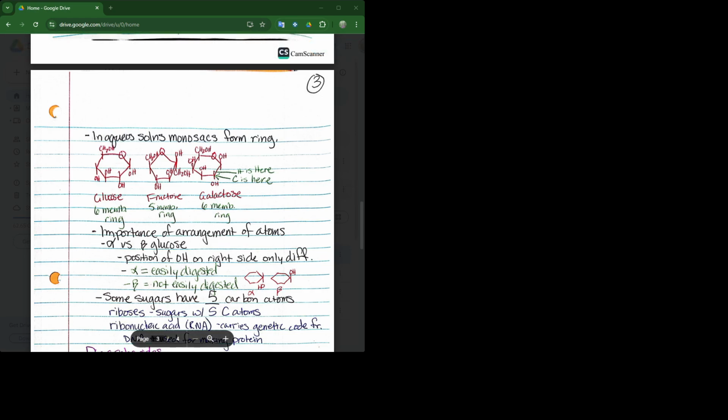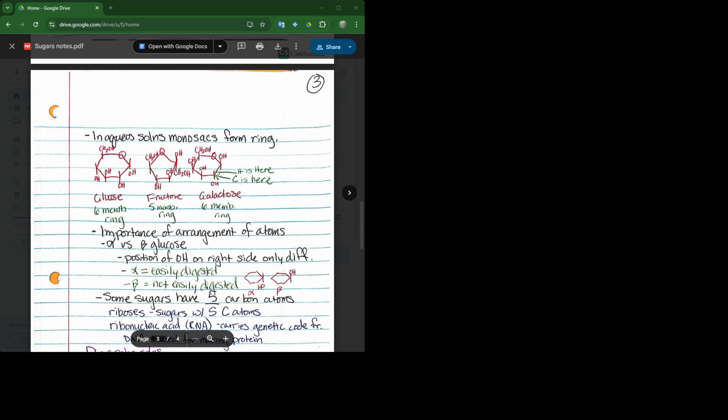All I'm focused on is this right side, and the OH, the hydroxyl group, is on the bottom on the alpha and on the top with the beta, okay? This is a simple drawing showing just how very slightly they're different, to get that point across: a very small difference can totally change the attributes of the sugar.